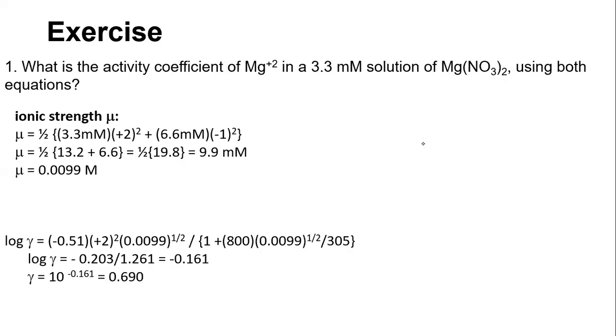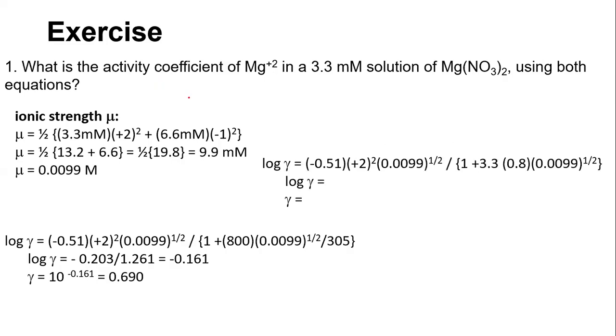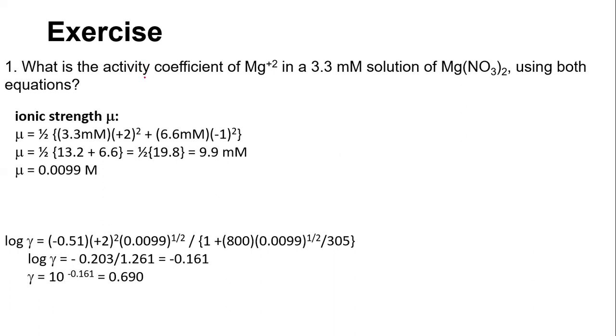Now they have asked us to calculate the activity coefficient. Before we get the activity coefficient, we have to get the ionic strength. So we can calculate the ionic strength of the magnesium nitrate.